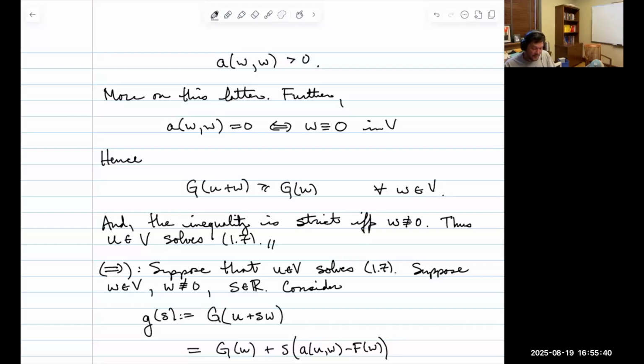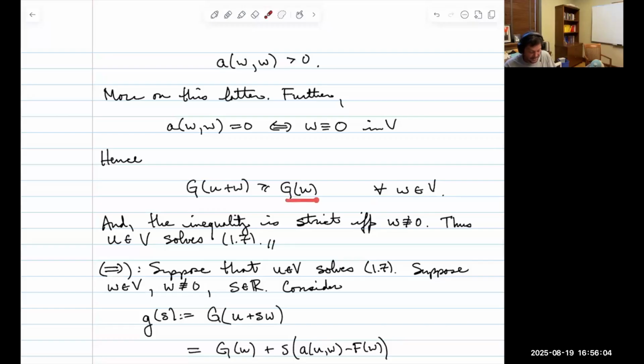Well, if U is a function that satisfies this inequality with that property, that it's strict as long as W is not equal to 0, that means U is a unique minimizer of G.